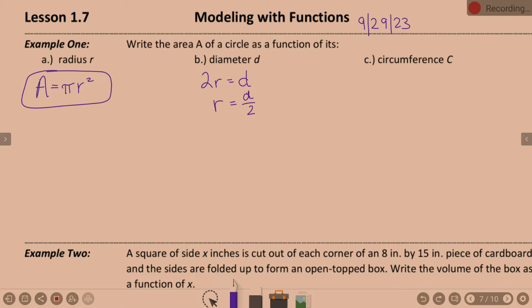We're going to use area equals pi times radius squared, but I'm not supposed to be using r this time. I'm supposed to be using d. What's the connection between r and d? r is half of d. So if this is pi times r squared, what can I put in place of r? d over 2, or 1/2 d.